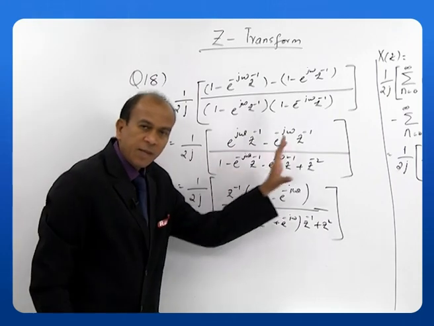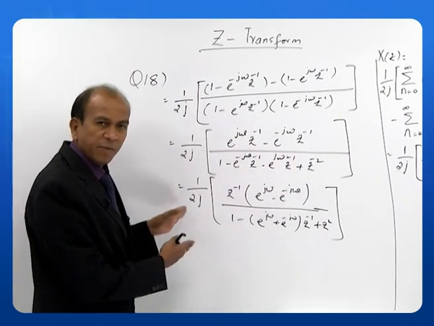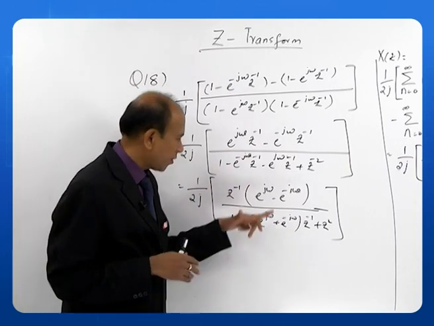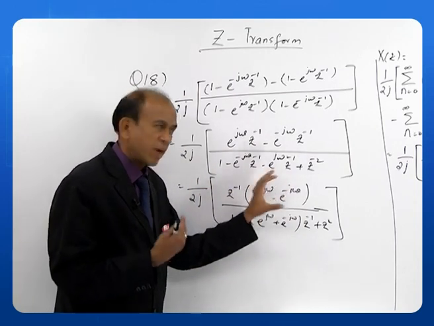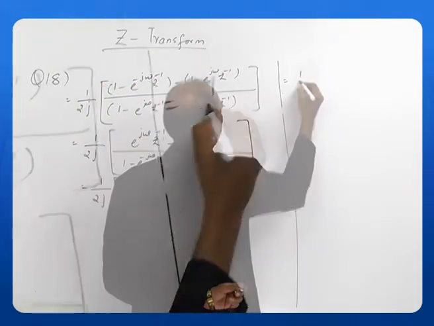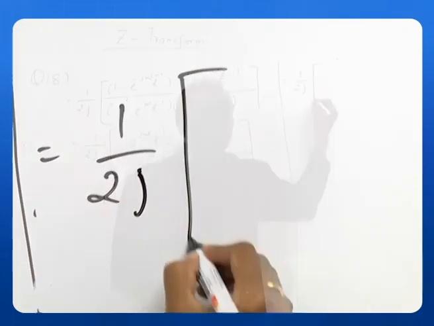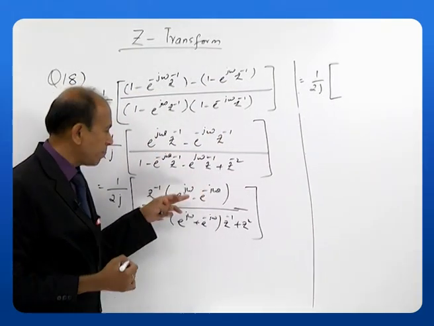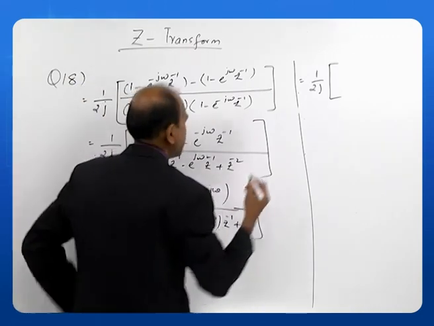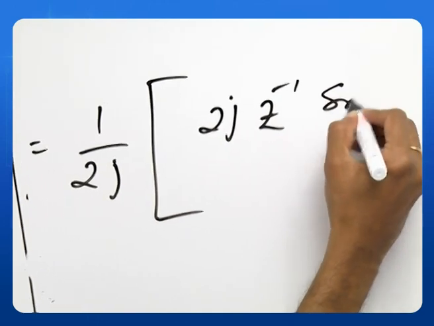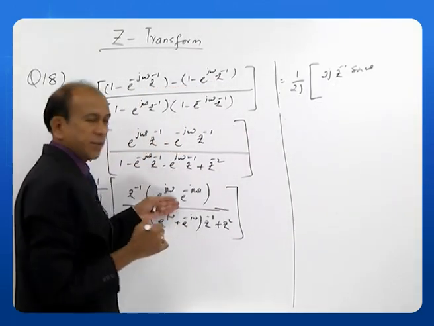So this will be the simplification. Further, as you understand here, if I multiply and divide by 2j, what happens? I can write this as sin ω. So I can write this as 1 by 2j, multiplying and dividing by 2j, so the numerator is 2j z^{-1} sin ω.